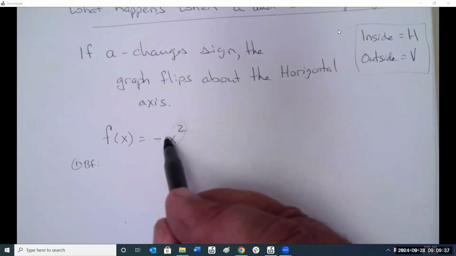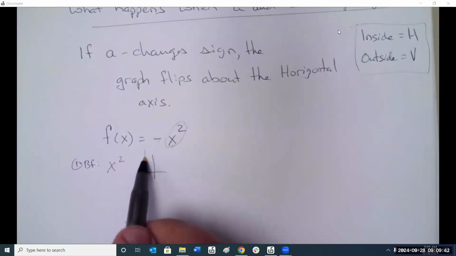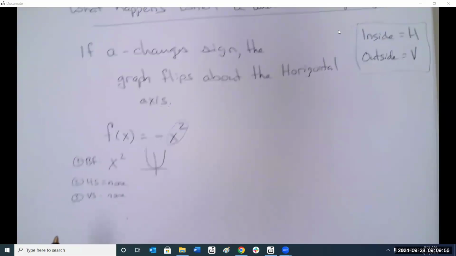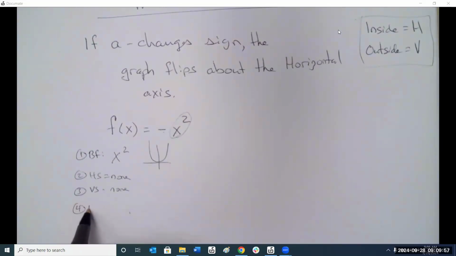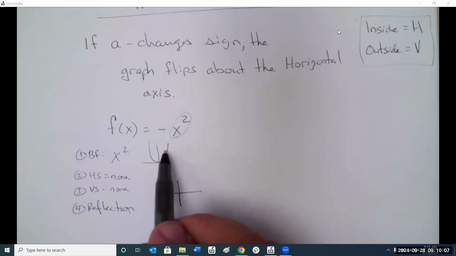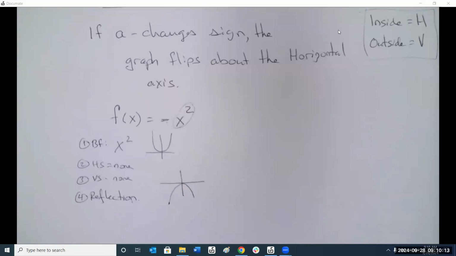So the function of this one is x squared, and it's that u function. Horizontal shift, none. Vertical shift, none. Is there a reflection? Yeah. So now no matter what x's I have, they now become negative. So it flips about the x-axis.